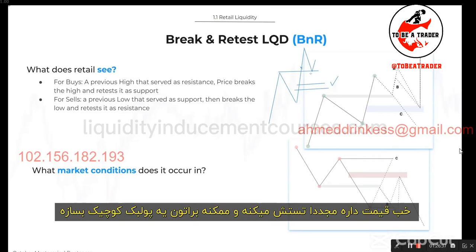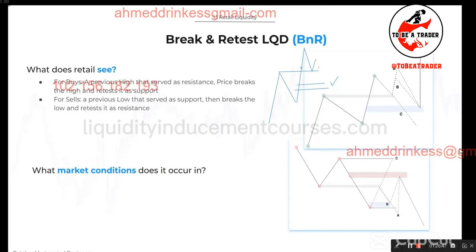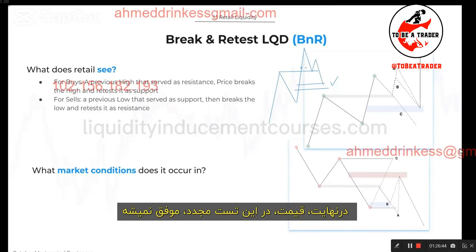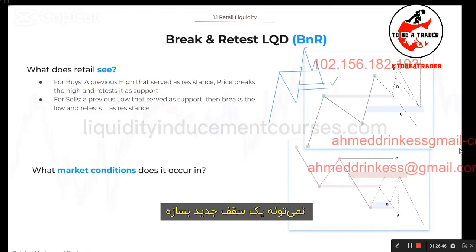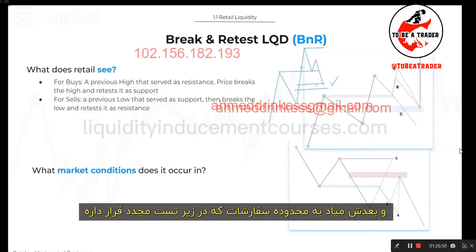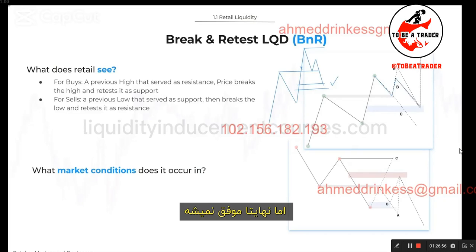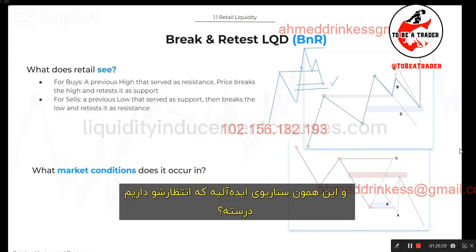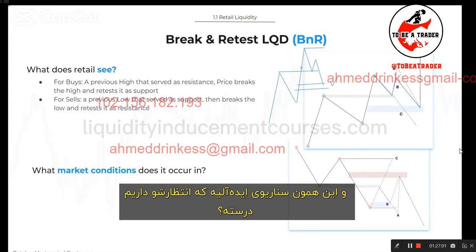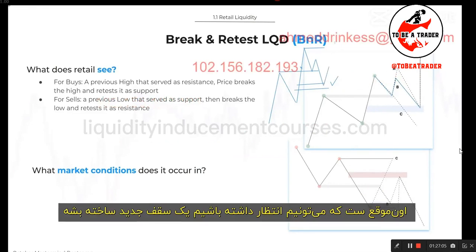So price will retest it, might give you a little pullback. And then what's going to happen? Price will then end up failing from this retest, failing to make a new high. And then it will come to the order block below the retest as indicated in B. It'll give an initial small reaction, but then it'll end up failing. And that's the ideal scenario that we can expect. And then after B comes down to our order block, then we can expect a new high to be made.